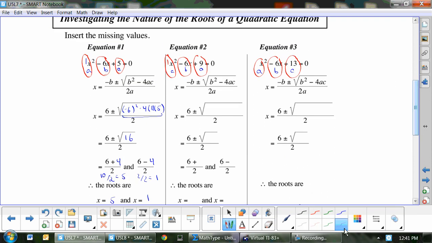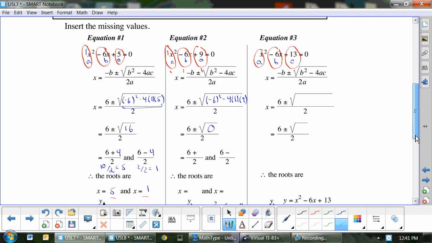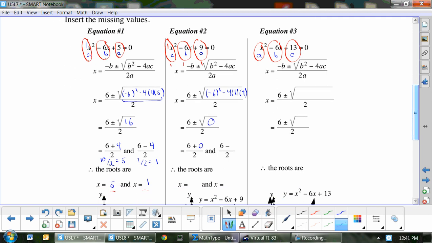Okay. So for the second example, we're going to do the same thing. So we have a is equal to 1, b is equal to negative 6, c is equal to 9, and we can put those into our quadratic equation just like this. And we'll get 36 minus 36, so we'll get 0 under that radical sign, which gives us 6 plus 0 and 6 minus 0.